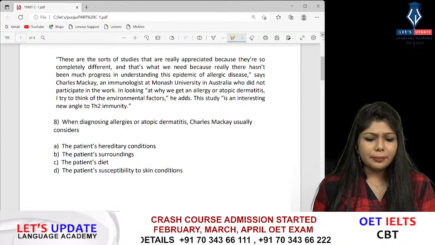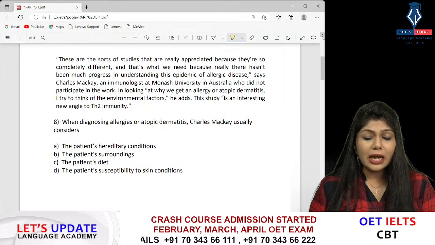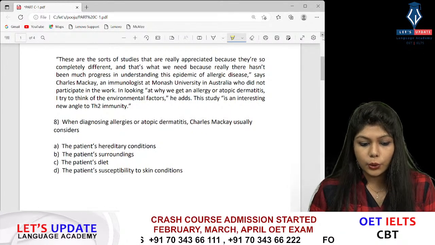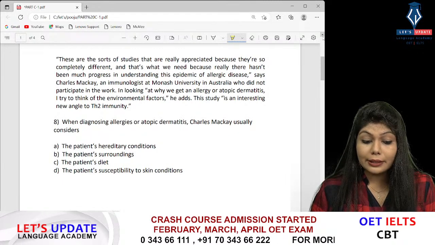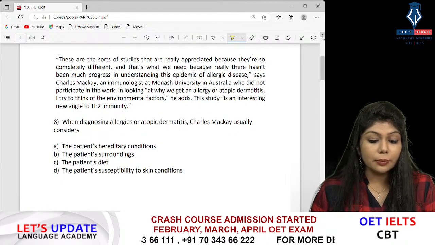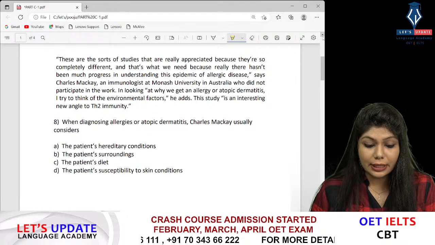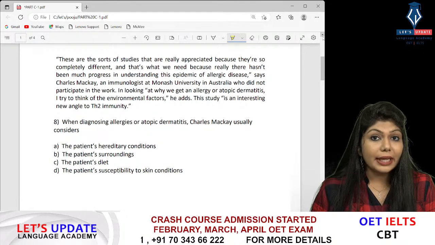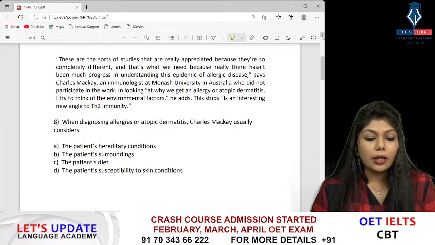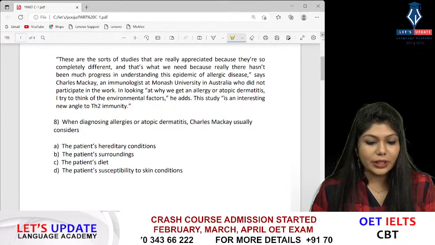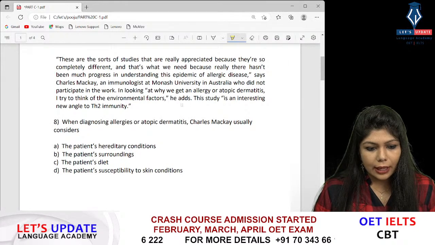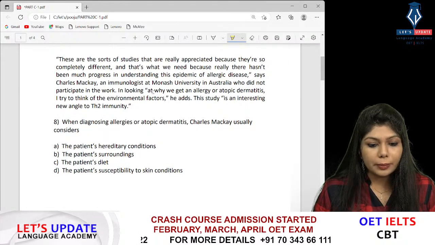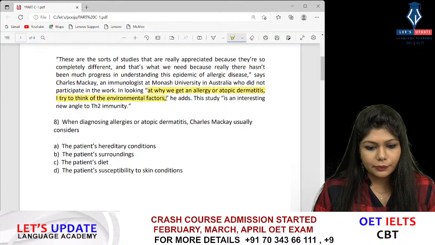Have they mentioned something about hereditary conditions here? No. And have they mentioned something about the diet here? No. And they have not mentioned something about the susceptibility to skin conditions either. When diagnosing allergies or atopic dermatitis, the only thing that they have mentioned is that I try to think of the environmental factors.